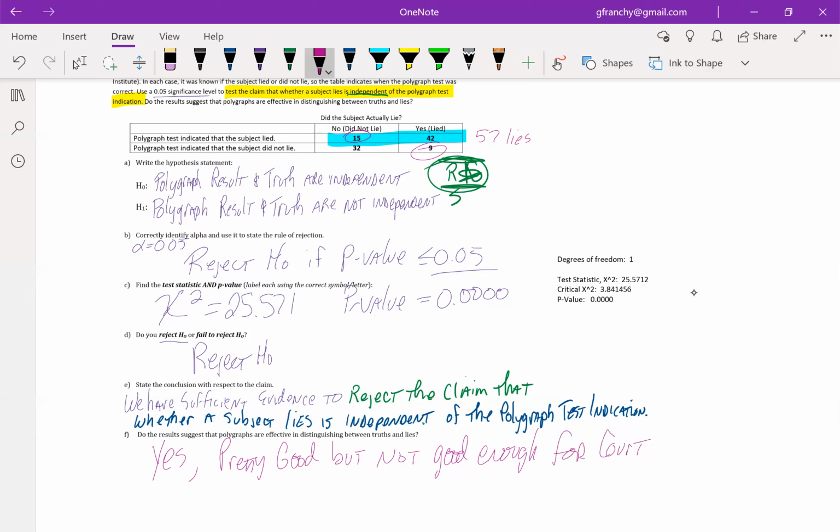Yeah, exactly, Mark. Because in terms of the StatDisk part of this, we go over to StatDisk, we put in the table as we see it here, and as long as we use the right option in StatDisk, contingency tables, we are going to get the right critical value, the right test statistic, the right p-value.